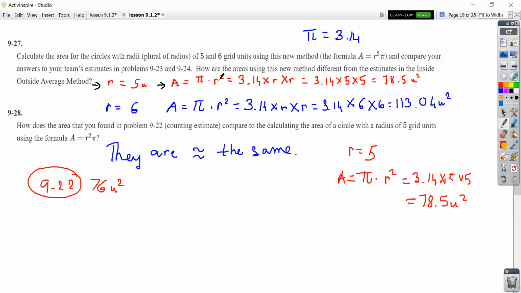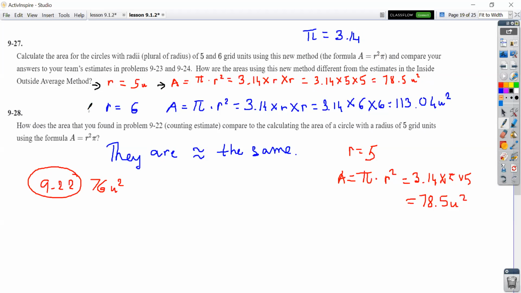Pi times radius squared is the same thing as radius squared times pi. I use 3.14 for pi. So I have radius equals 5. So 3.14 times 5 squared equals 78.5 square units.